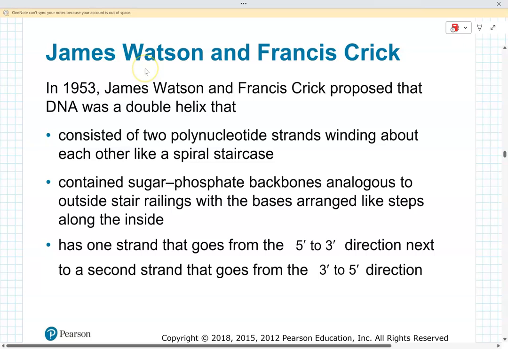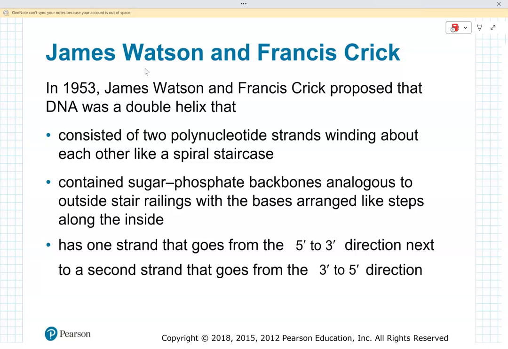So in 1953, I'm going to correct some. It's actually a very interesting story of how it happened. So James Watson, an American scientist, Francis Crick, the British scientist, and Maurice Wilkins, also a British scientist, they were working, I think, at Oxford, either Oxford or Cambridge.